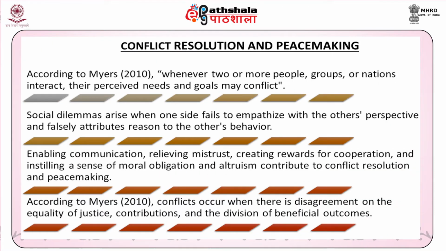According to Myers, whenever two or more people, groups, or nations interact, their perceived needs and goals may conflict. Social dilemmas arise when one side fails to empathize with the other's perspective and falsely attributes reasons to the other's behavior.